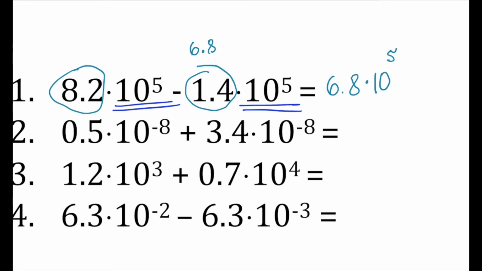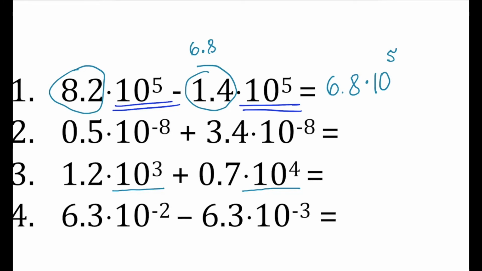If your denomination is different, like here, I have 10 to the third and 10 to the fourth. What you need to do, you have to make them in the same order, in the same denomination. Dollars or cents.